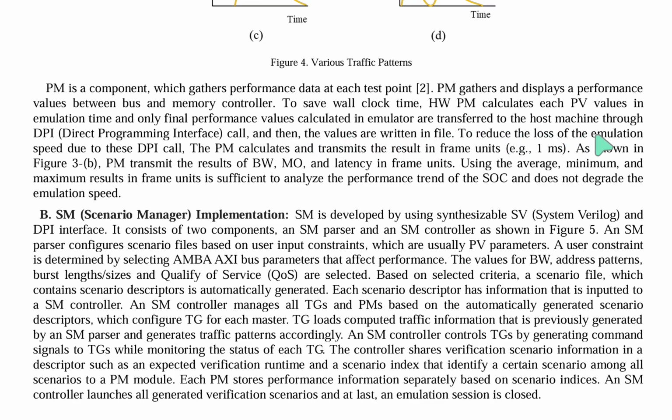To reduce the loss of emulation speed due to the DPI call, the PM calculates and transmits the result in frame units, for example 1 microsecond or millisecond, as shown in Figure 3-B. The PM transmits the results of the BW, MO, and latency in frame units.